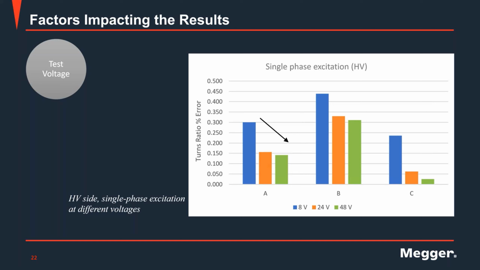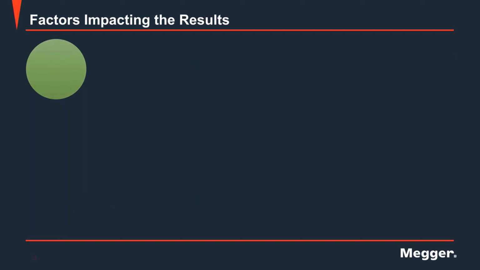So you see how the error, again, this graph is showing percentage error, is going down as I increase the voltage, and we didn't even reach the 125 we did before. So higher voltage, better accuracy of my results. I'll go deeper in a couple slides ahead on why we see this kind of behavior.